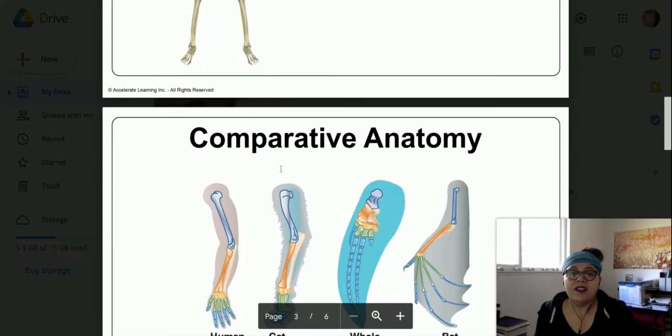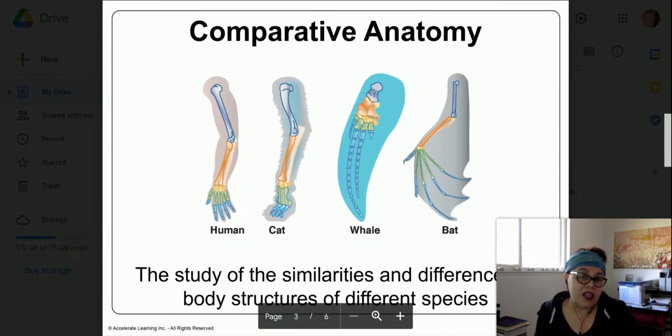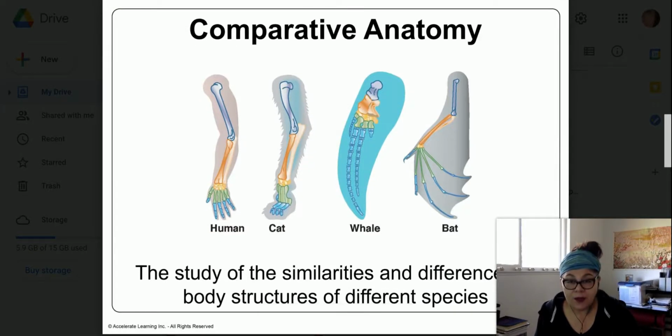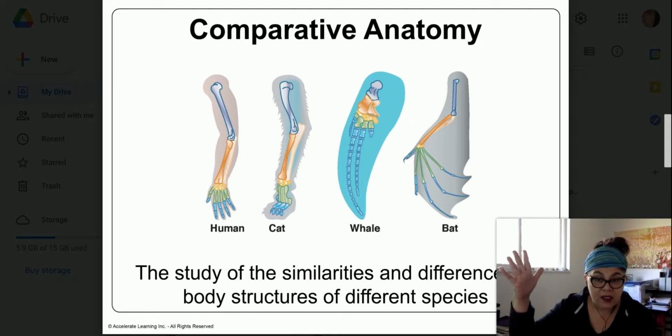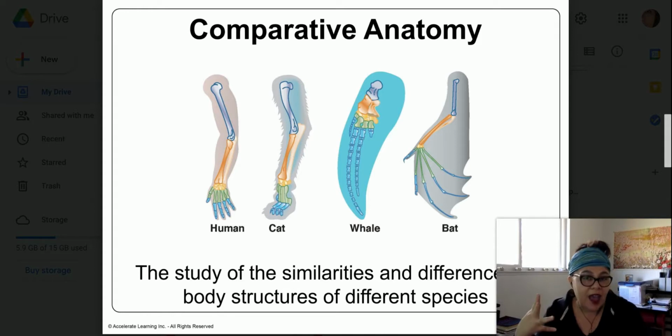Okay. The next vocabulary word is comparative anatomy. Now, comparative anatomy is when we study similarities in structures and differences between some species and other species. And right here in the image that we have, you can see it's a really good example of a human hand and how we have similar bone structures to a cat, to a whale, and to a bat.